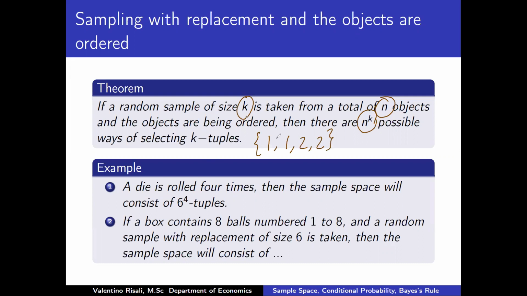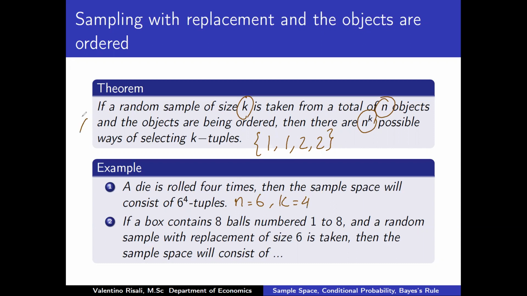If the first roll shows 1, the second one can also be 1, right? So we consider it with replacement, where we can repeat the previous result. For this die, the value of n is 6, because we have only 6 outcomes, and because we roll it 4 times, the value of k is 4.